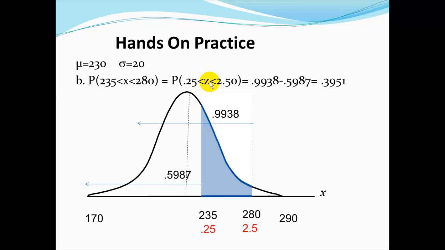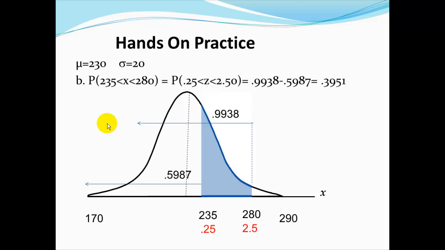If we go to the normal chart and look up the z-score 0.25, we'll find that the area to the left of the z-score 0.25 is 0.5987. Now if we look up the z-score 2.5, we'll find that the area to the left of this z-score is 0.9938.